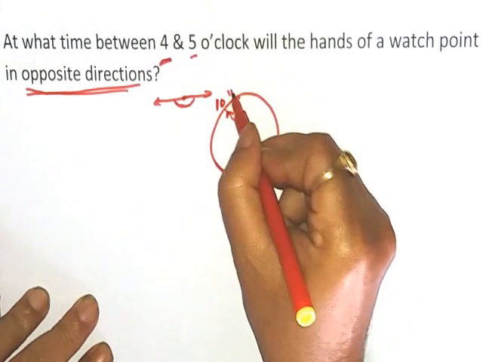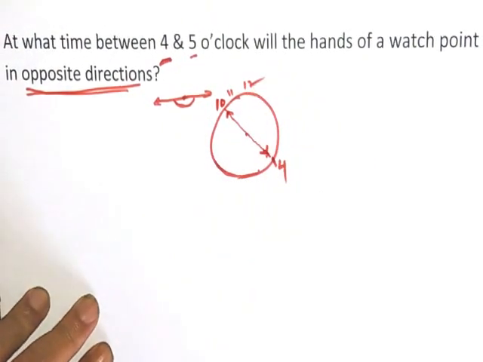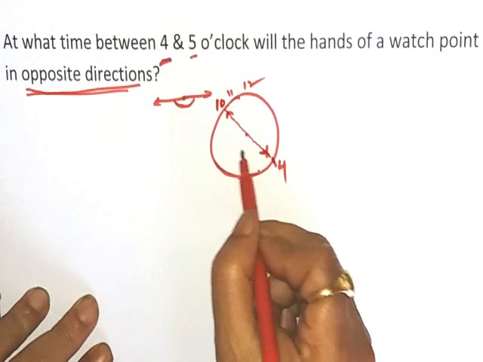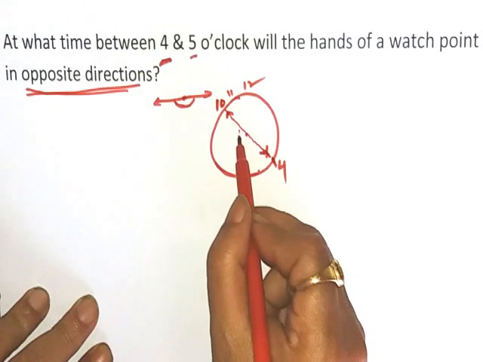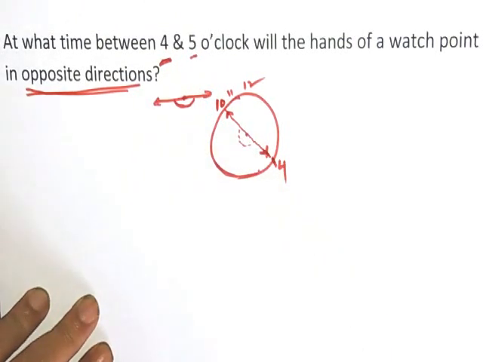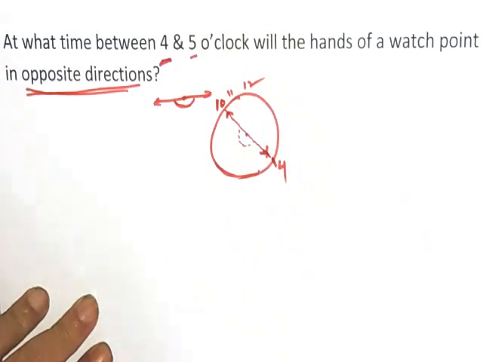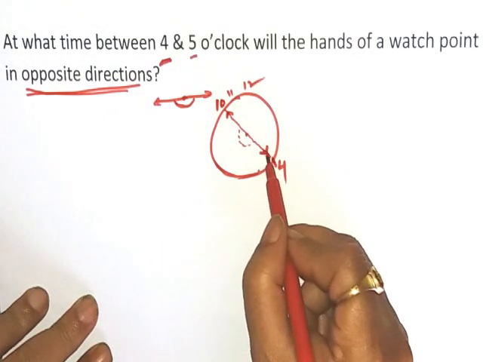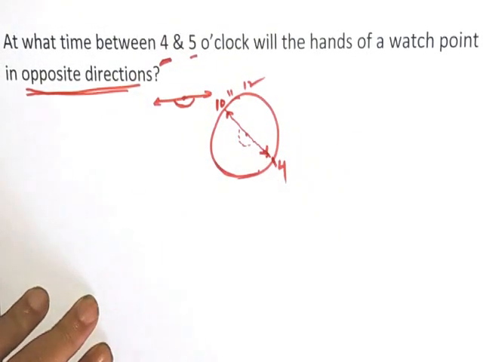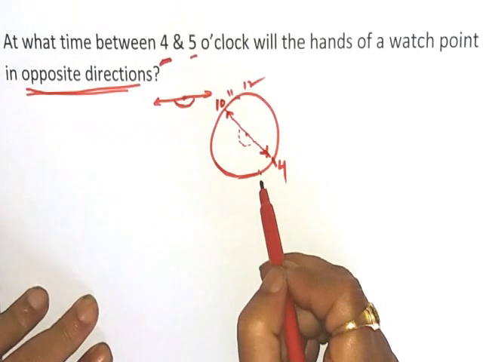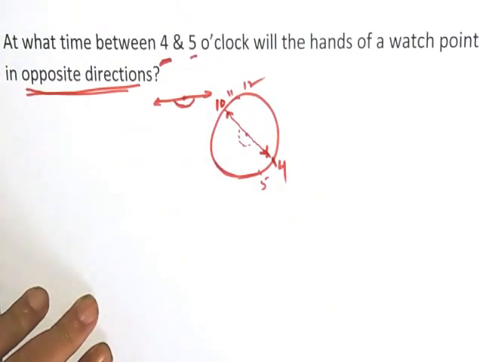Then here will be the 11, then here will be the 12. And we can think that yes, it may be the 180 degree. But again it is sure that when this minute needle proceeds to 12, at that time this hour needle will proceed to 5, then it will be 5 o'clock.